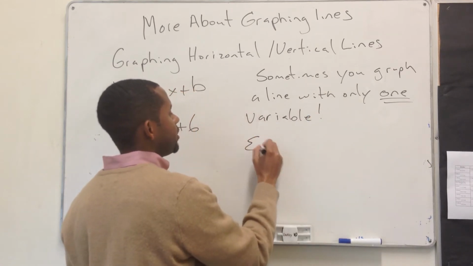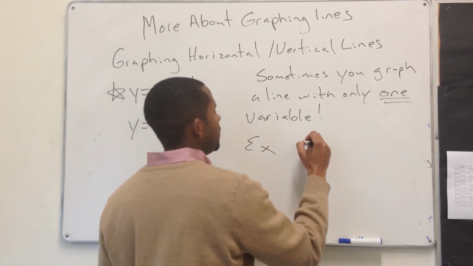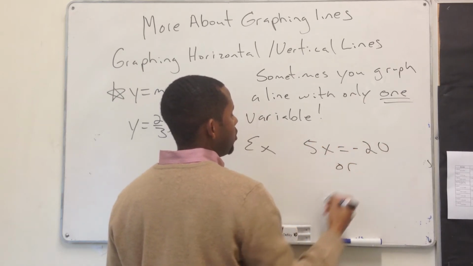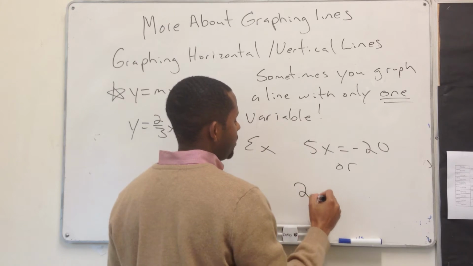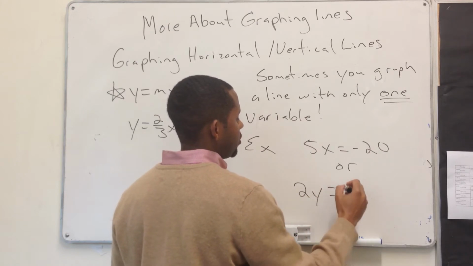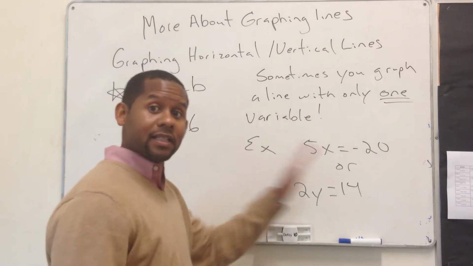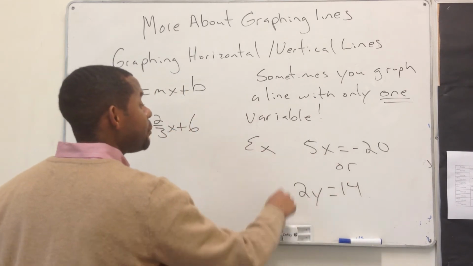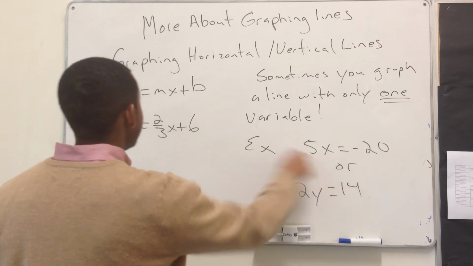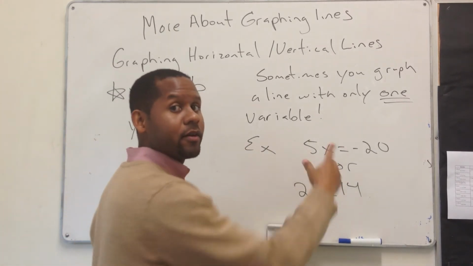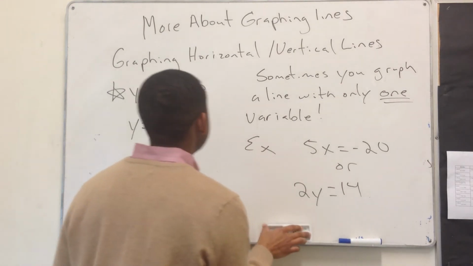So for example, you get something like 5x equals negative 20. Or 2y equals 14. Okay? Sometimes you got to graph lines that look like this. I clearly cannot put this type of an equation in y equals mx plus b form because this only has an x variable. There is no y variable.